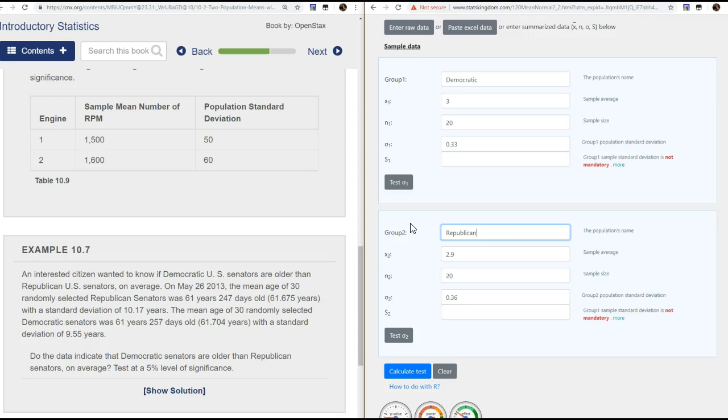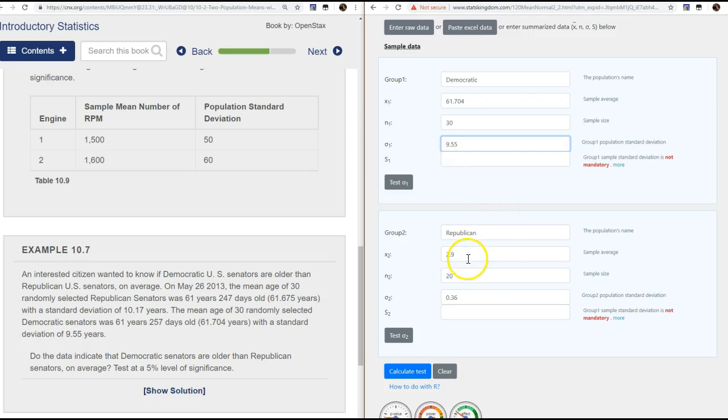Apparently, I can't talk and type at the same time. All right, for Democratic, their mean age of 30 randomly selected, so we know our N is 30. Their mean age was, I'm going to do the years, 61.704 years with a standard deviation of 9.55.